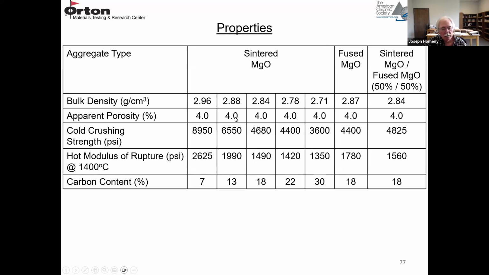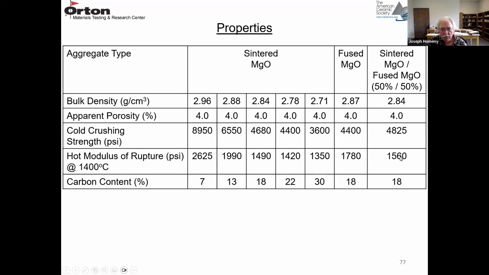You try to press these at the lowest possible porosity. These are all around 4%. These are bonded with a phenolic resin. So the cold crushing strengths are rather good because they're very dense, low porosity. The resin is pretty strong after curing. So they're all around maybe between 4 and 9,000 PSI.